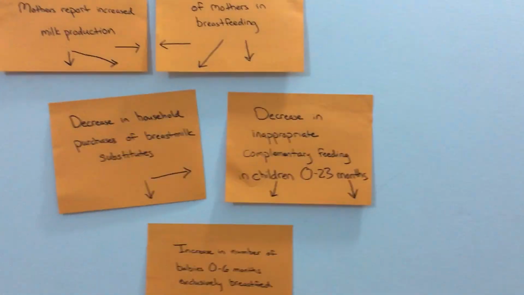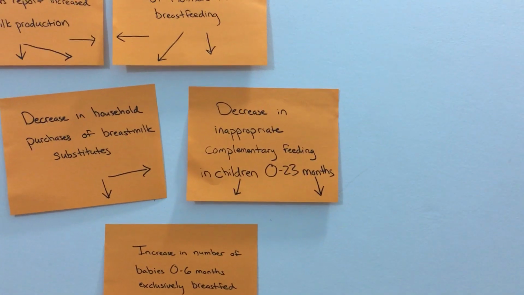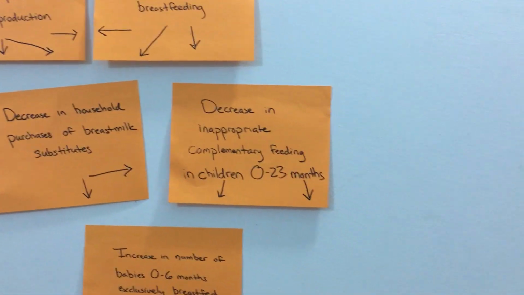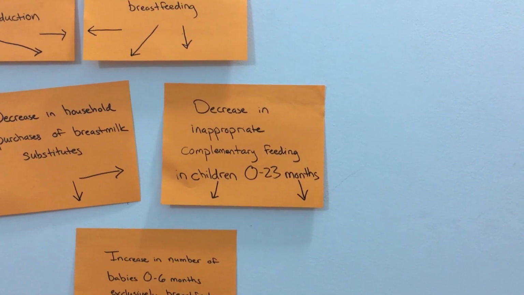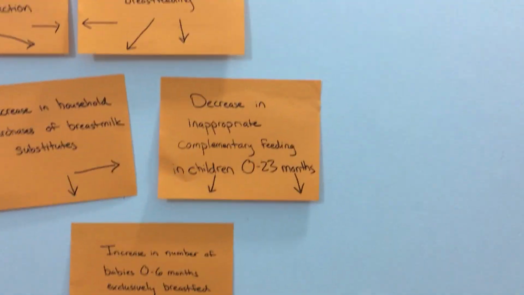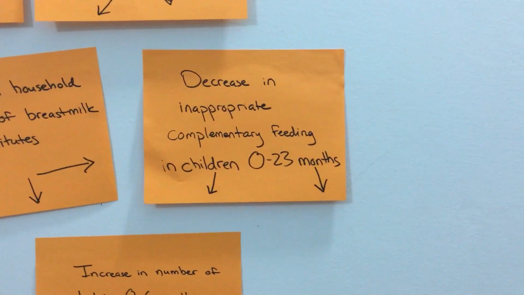Plus, by focusing on the decrease in inappropriate complementary feeding, I'm again catching more than just the infants. I'm catching all children under the age of 2. So it helps to see if we are meeting our goals for both the infant group and for the young children group. Now this outcome is pretty vague, because what does it mean to decrease?